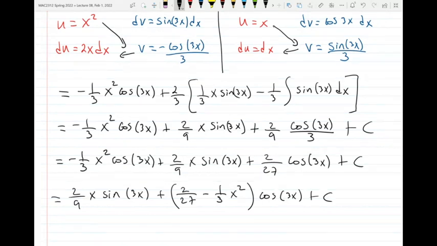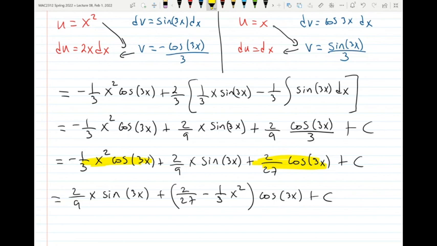I just took the common factor cosine of 3x on the first and the last term. I combined these two terms. Okay, questions? Did you understand this? So, it is what it is. This is the antiderivative of that function, okay?